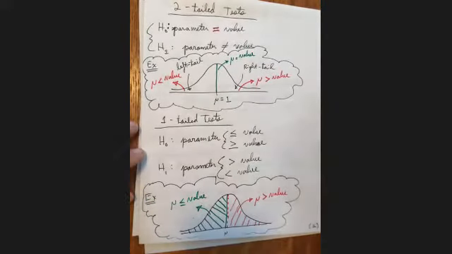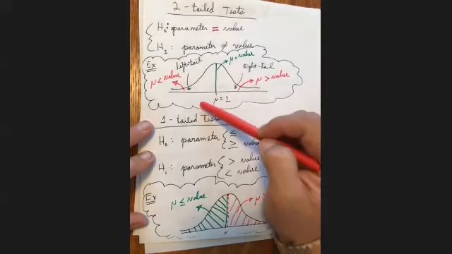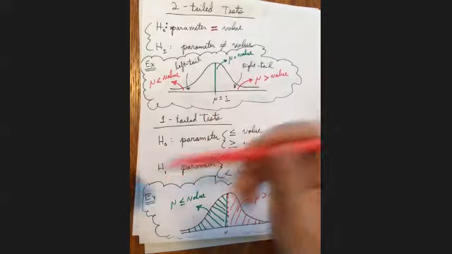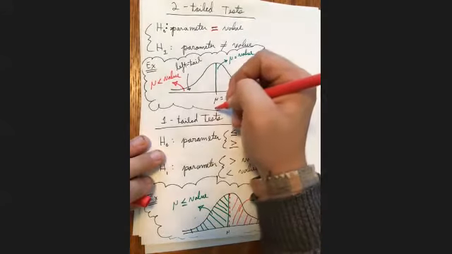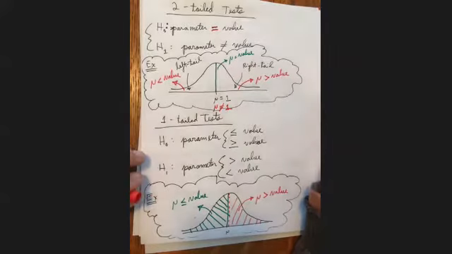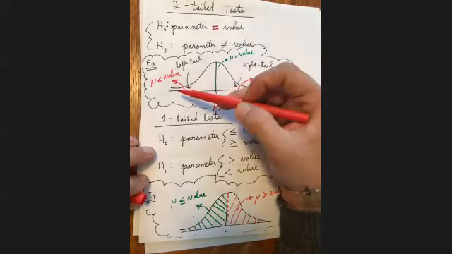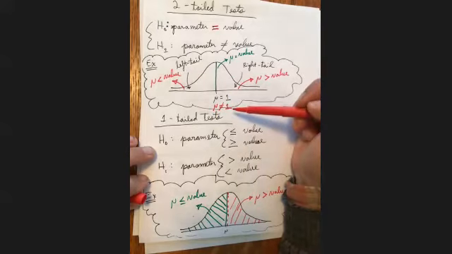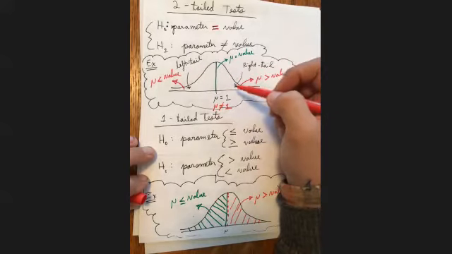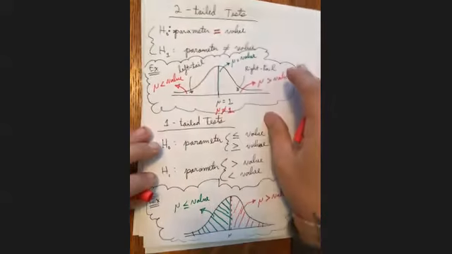So they may claim that mu equals 1, or they may claim that mu does not equal 1. And if they say it does not equal 1, then either mu is greater or mu is less than 1. And so it's either in the left tail or the right tail. So that's why we call it a two-tailed test.